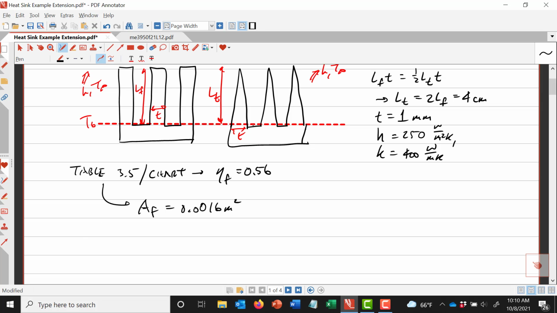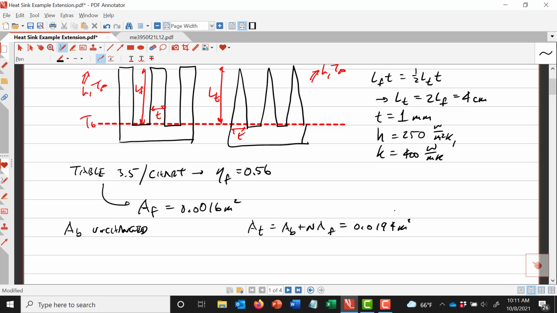Now if you look at this problem with the new fin array geometry compared to the original, I hope you can see that the base area A sub b is unchanged, because the gaps between the fins don't change, because the fin base thickness is the same for both heat sinks. So that's unchanged. So we then can calculate A sub t is A sub b plus n A sub f, and we get a total area of 0.0194 square meters.